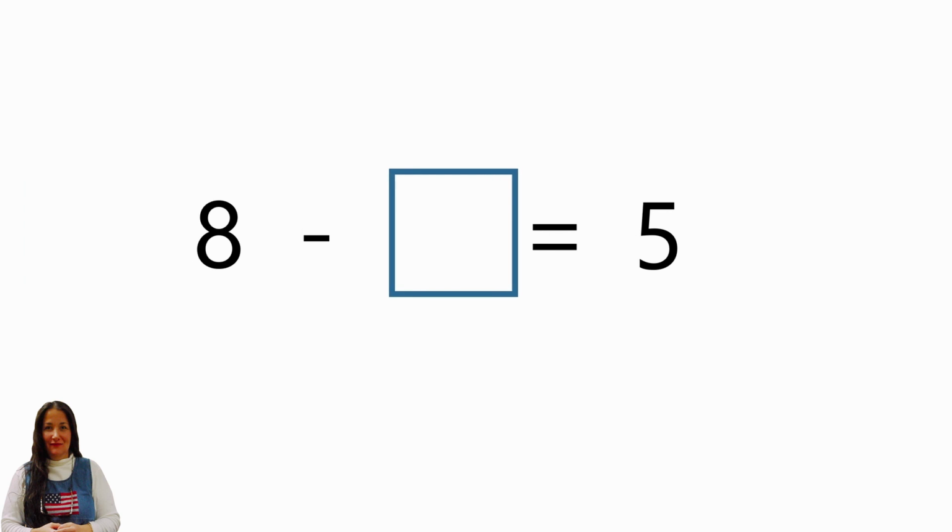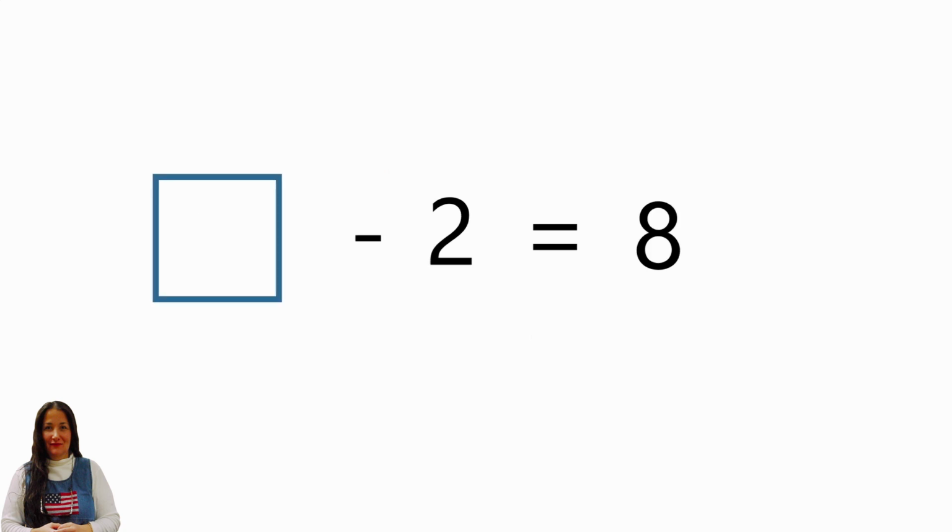Let's do another one. 8 minus what equals 5? How many do we have to take away from 8 to get 5? 3. Or we could have subtracted 8 minus 5 and got 3.